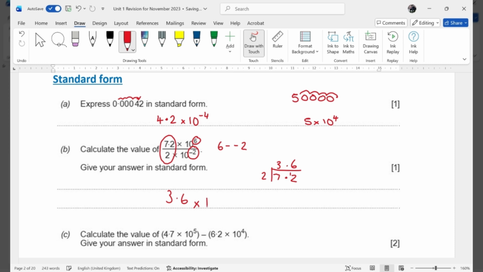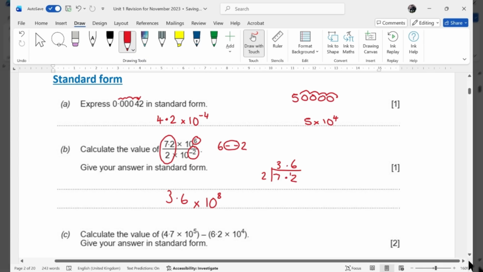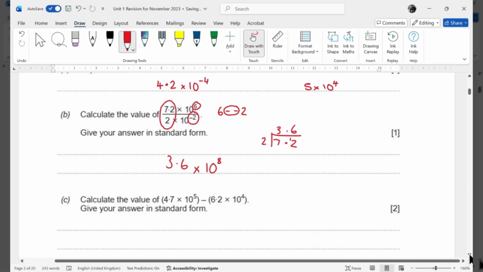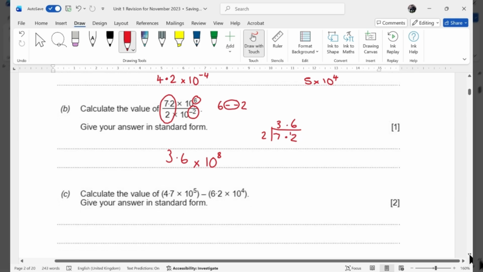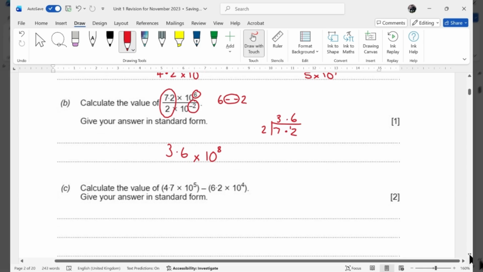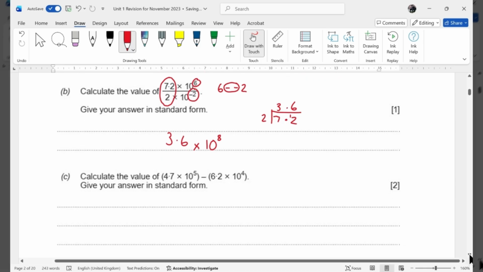We're taking away -2. So because we're taking away a negative, we end up adding these, and that becomes 8. So if you're multiplying or dividing, do it in standard form. And remember, if you're multiplying standard forms, you multiply the numbers and add the little numbers. Here we're dividing, so we divide the numbers and take away the little numbers.